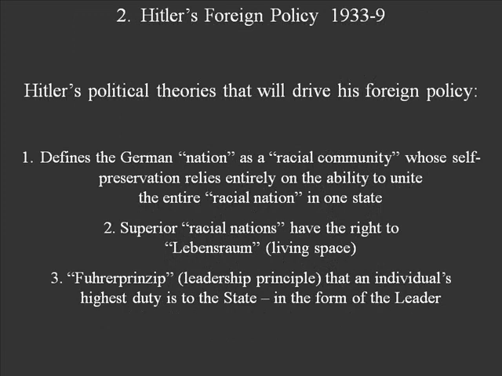So, what does Hitler think? His political theories, and we've talked about them already before, for the most part, his political theories and his racist theories, they all start to really merge together to create his view of German foreign policy. So the ideas we've already talked about, he talks about the German nation in racial competition with other world peoples.